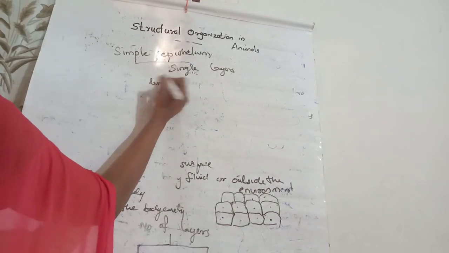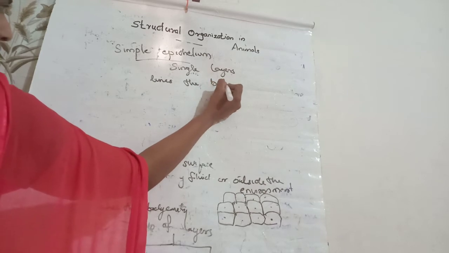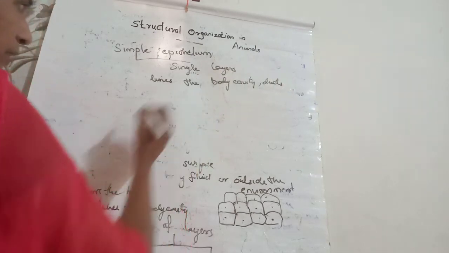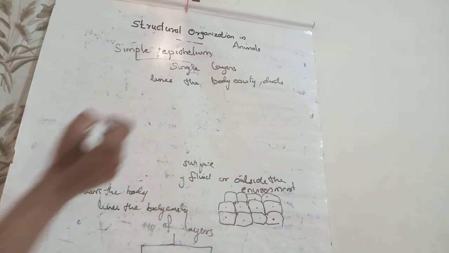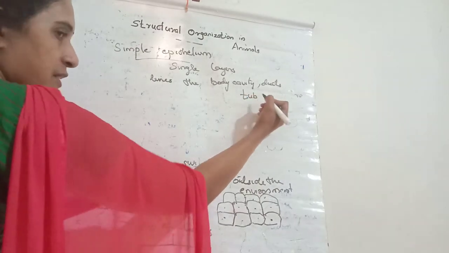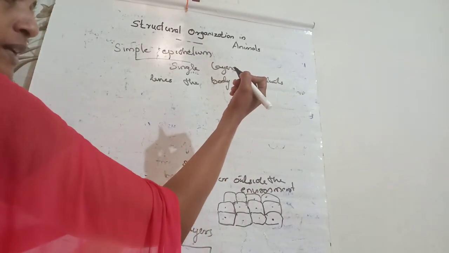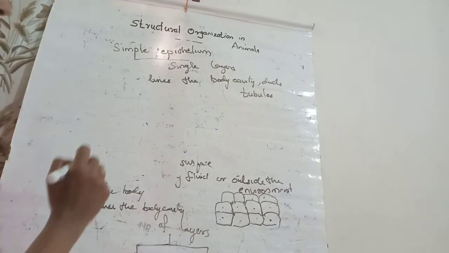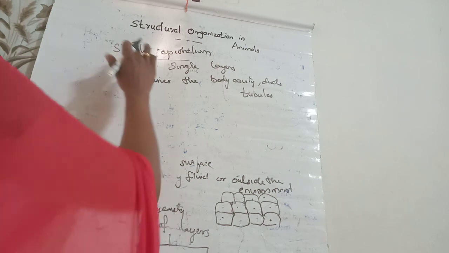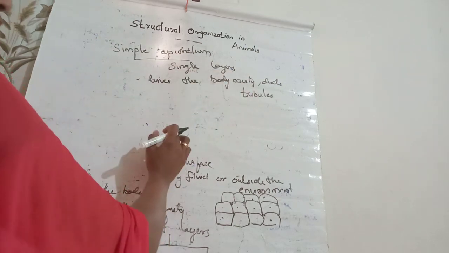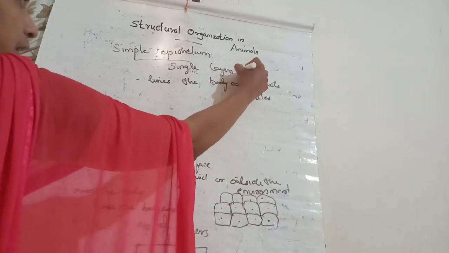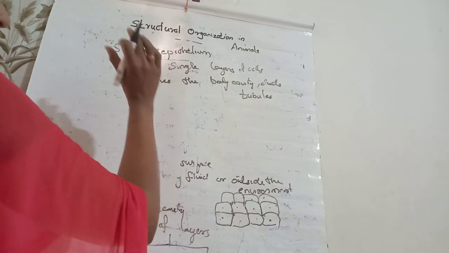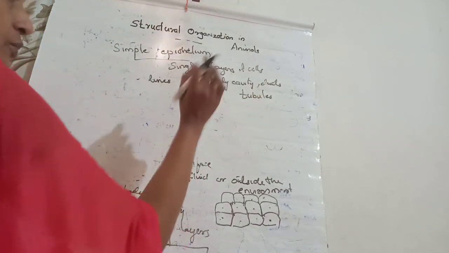It lines the body cavity or ducts and tubules, like the proximal convoluted tubule and distal convoluted tubule, which are part of the structure of nephrons. Such tubules are lined by the single layer of epithelial tissue. So simple epithelium consists of a single layer of cells, and it lines the body cavities, ducts and tubules.